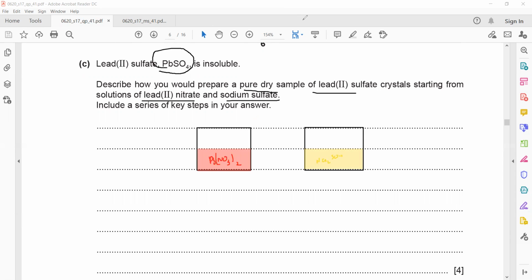so you can identify the ratio. If the ratio in the equation is 1:1, you should take equal volume. If I write the balanced equation, lead nitrate, Pb(NO3)2, reacts with sodium sulfate, Na2SO4.